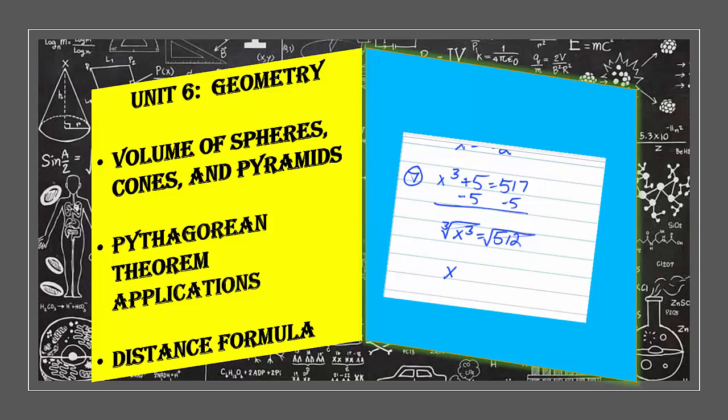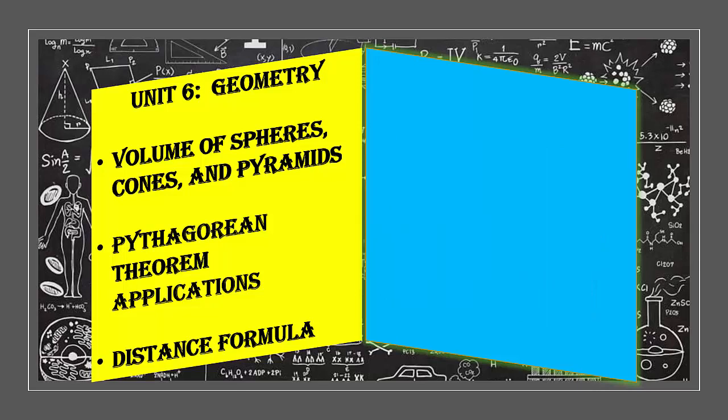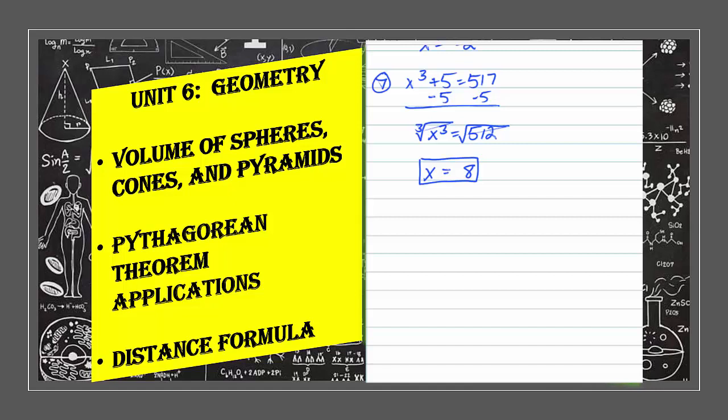We also want to take the cubed root of 512. The cubed root of 512 is 8. Now, when we're dealing with cubed roots, it's no longer positive and negative 8, because when I multiply a positive times a positive, it stays positive. When I multiply that by another positive, it stays positive.